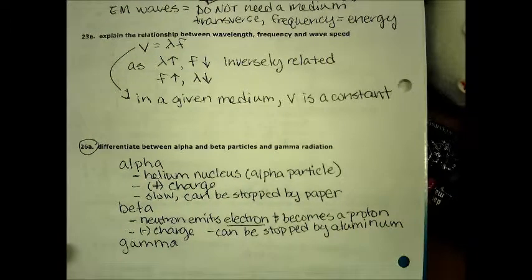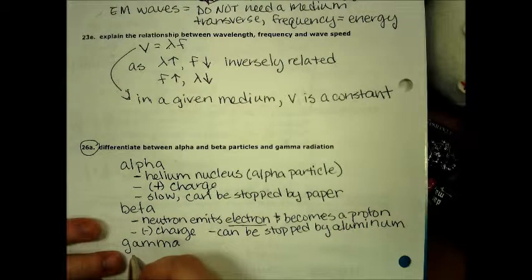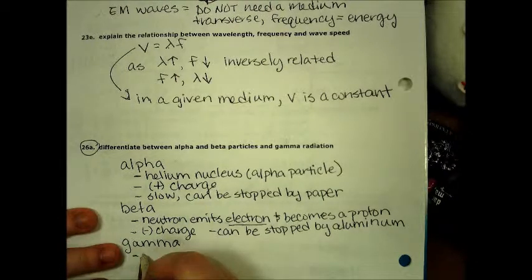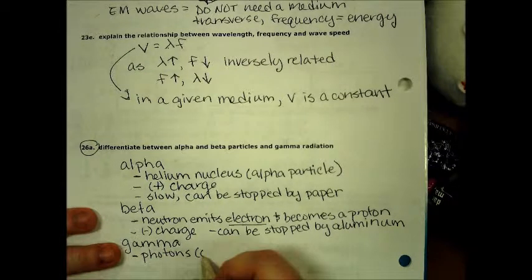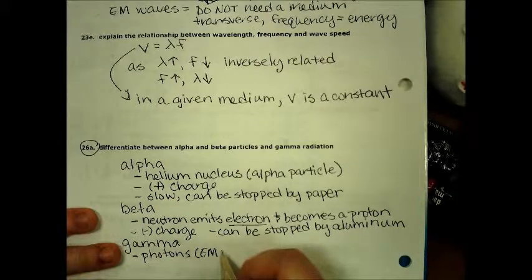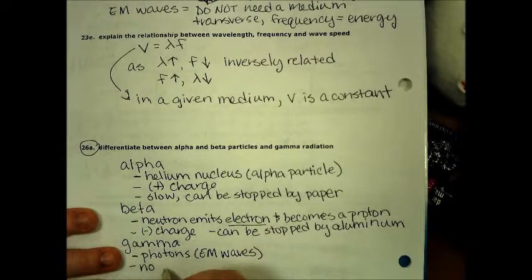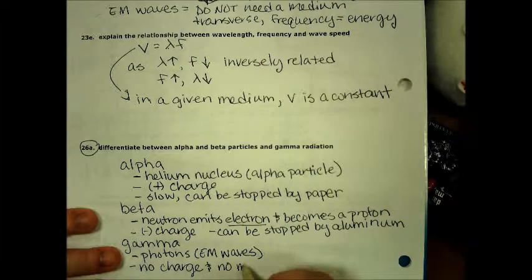Then last but not least, we have gamma radiation. Gamma radiation emits photons, which are EM radiation. It has no charge and no mass.